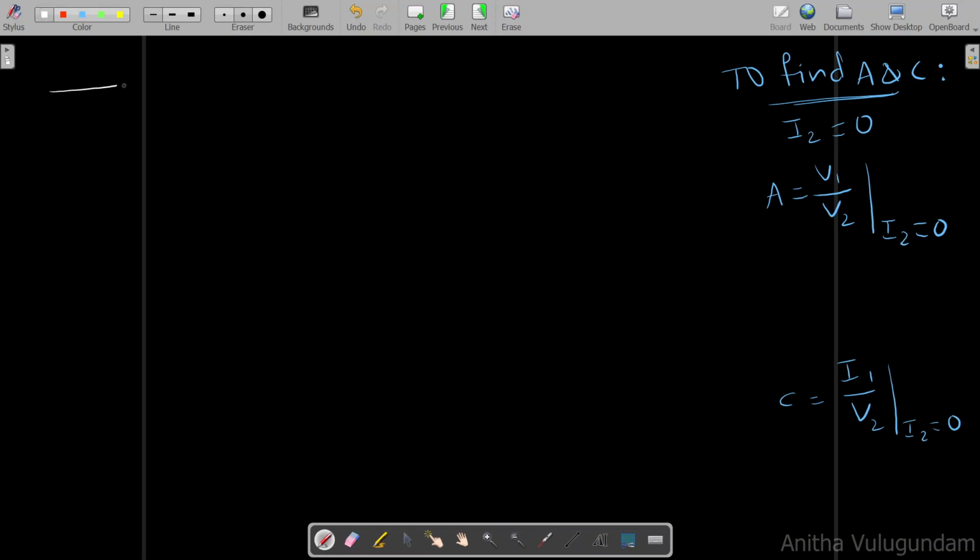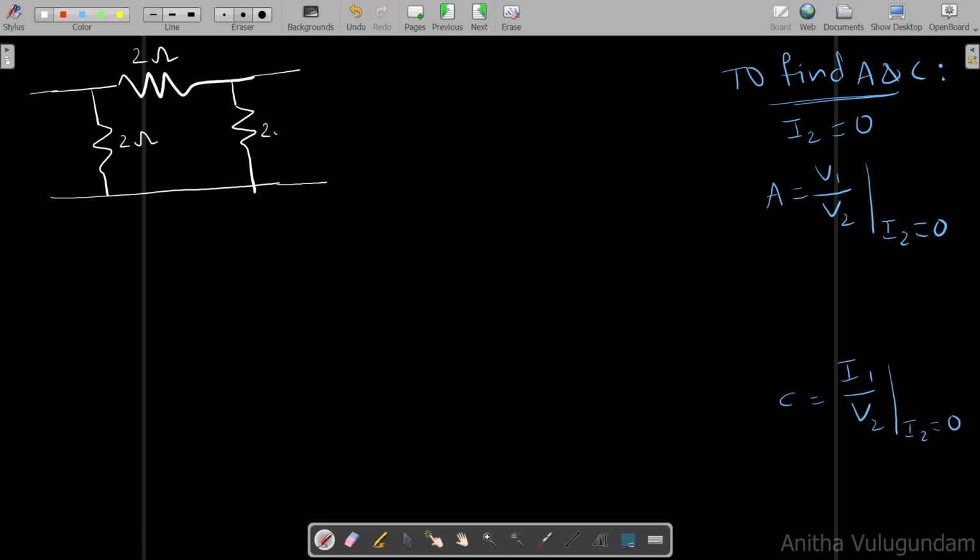Let me redraw the figure. 2 ohms, 2 ohms, 2 ohms, I1, V1, V2 and I2. This is the circuit given to us.